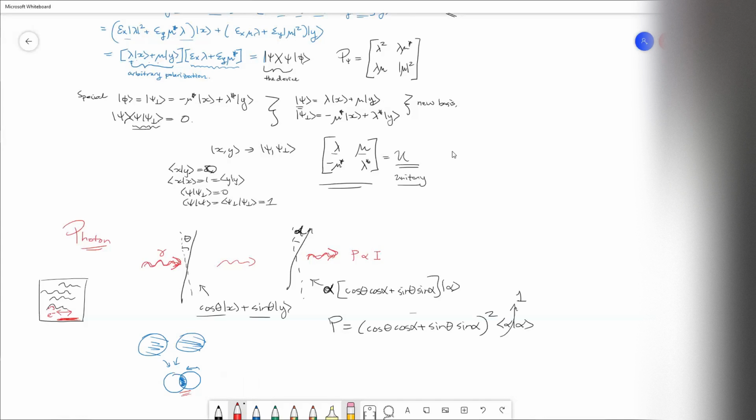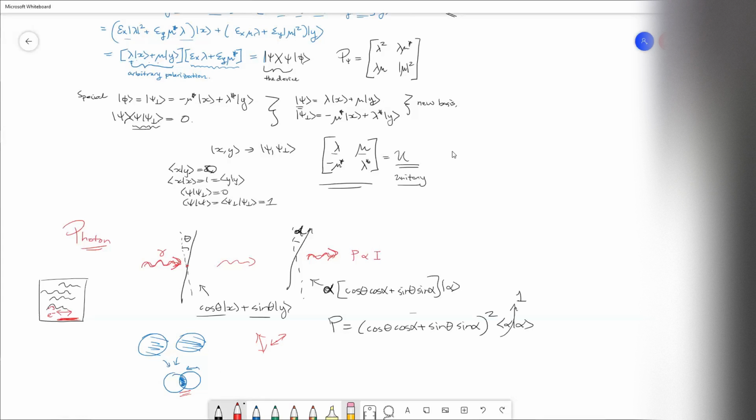And the intensity of the light is proportional to the probability that a single photon makes it through. That makes sense. If the polarizing directions are completely perpendicular, then no photons come through, because a photon can't oscillate in one direction and then a perpendicular direction. It's going to get absorbed by the material, right? Yeah.